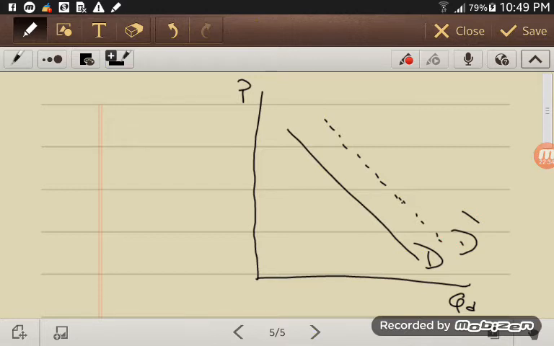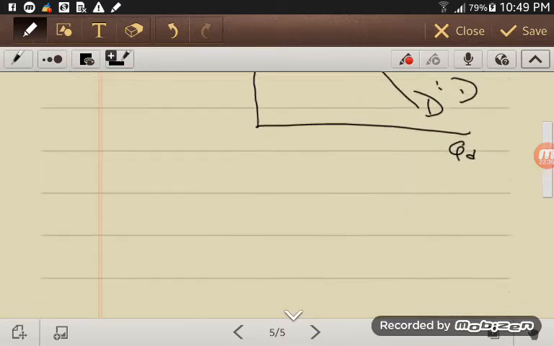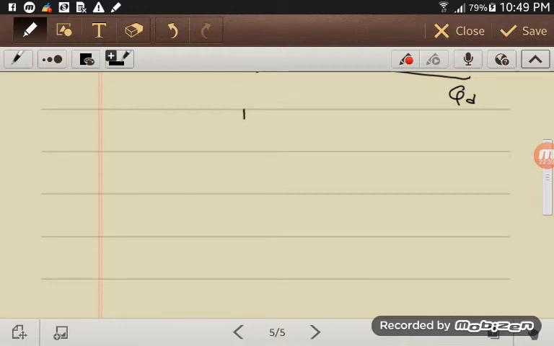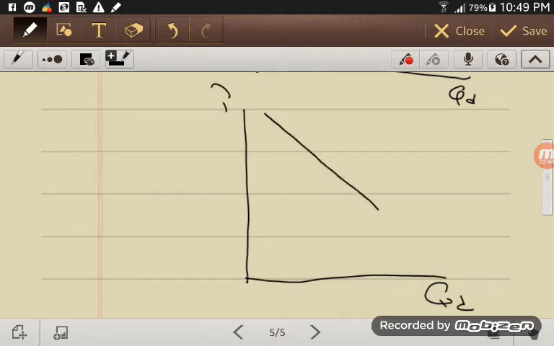What about movement along the curve? There is only one case of movement along the curve, which is a change in the price of the product itself.